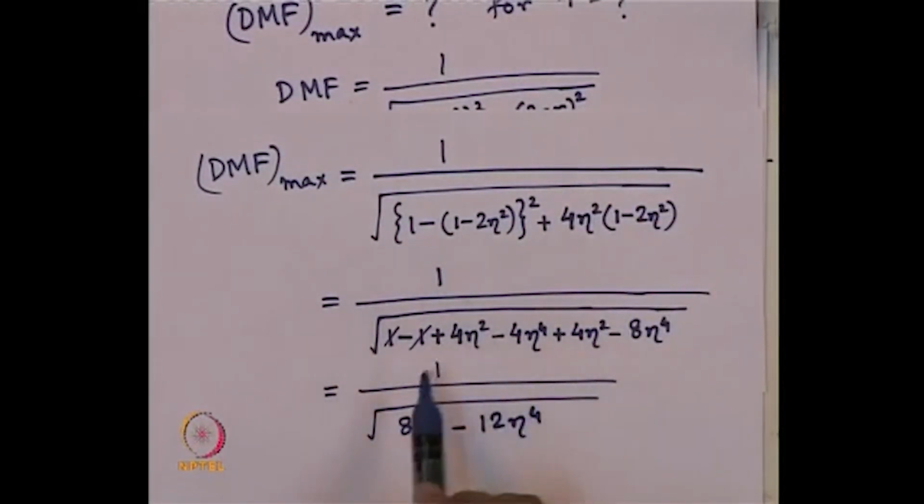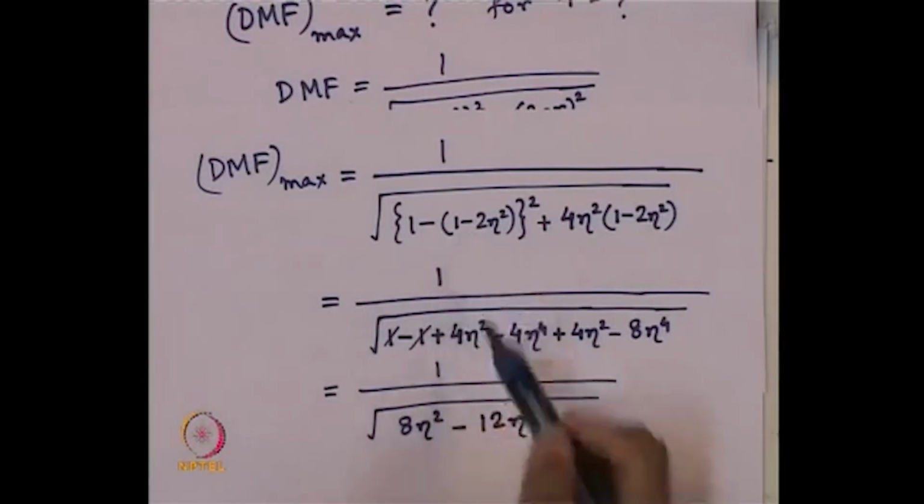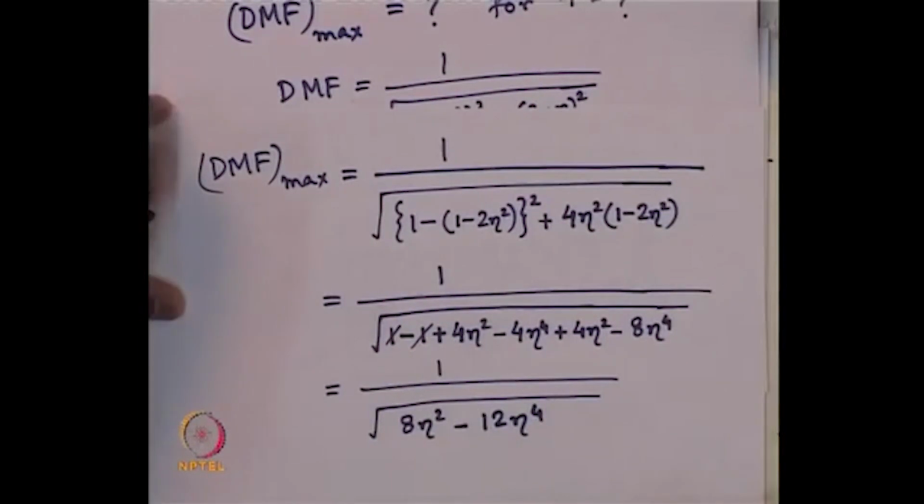I made some mistake somewhere. I squared the whole bracket term, but that has to be simplified first. Sorry, let me do it once again.